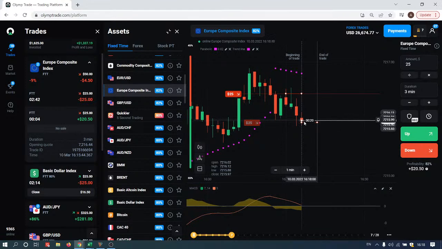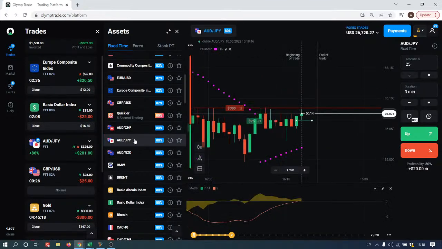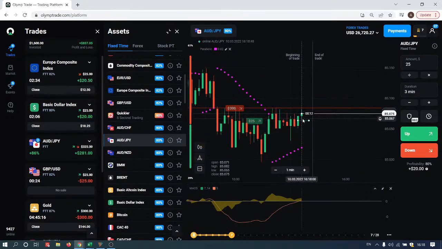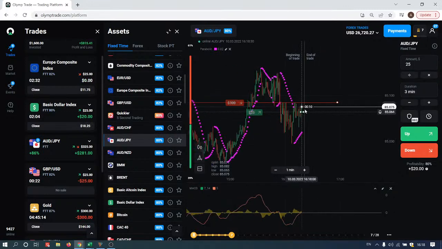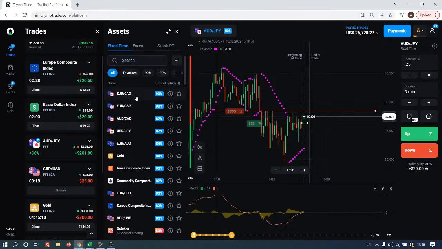So this trade is closing with a profit. And this one is pushing upwards right now, so nice.